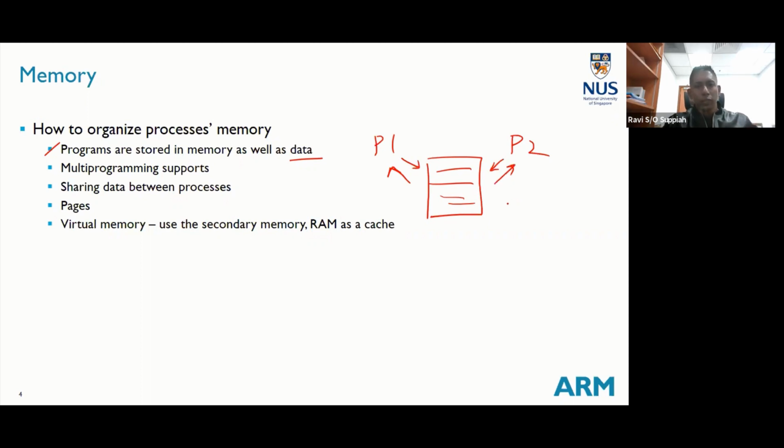This kind of situation can lead to a lot of data corruption if it is not handled correctly. So how do you handle this? There are things that you need to look at, and pages and virtual memory are things that you can use to improve the performance of your system. We will be looking at virtual memory towards the end of the module.